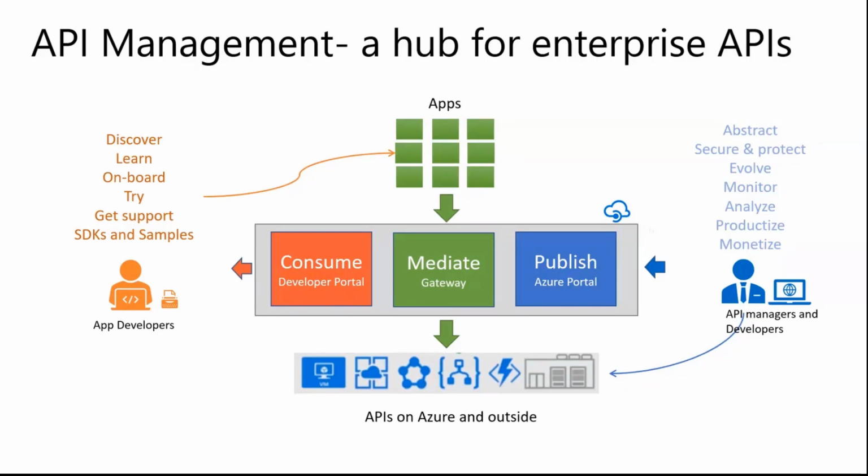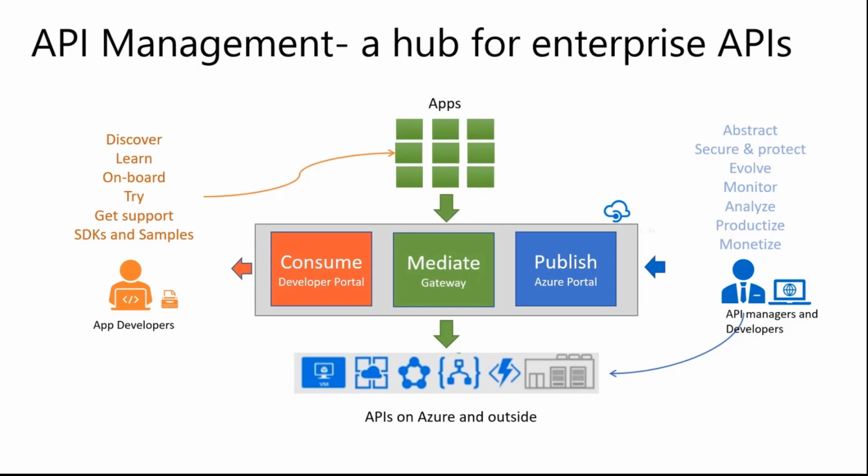Now, if you are an API manager or API developer, and you are creating a cool API, you always want to publish it easily. You also want it to be abstracted, secure, and protected, so not everyone can see how you are creating those APIs.